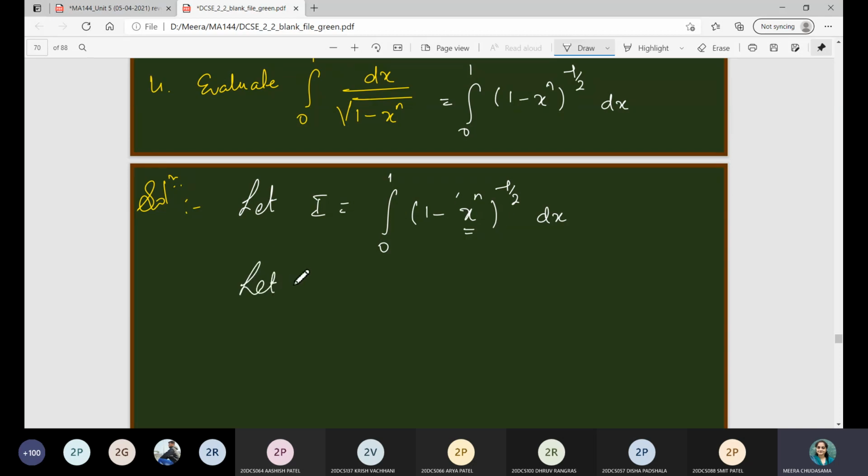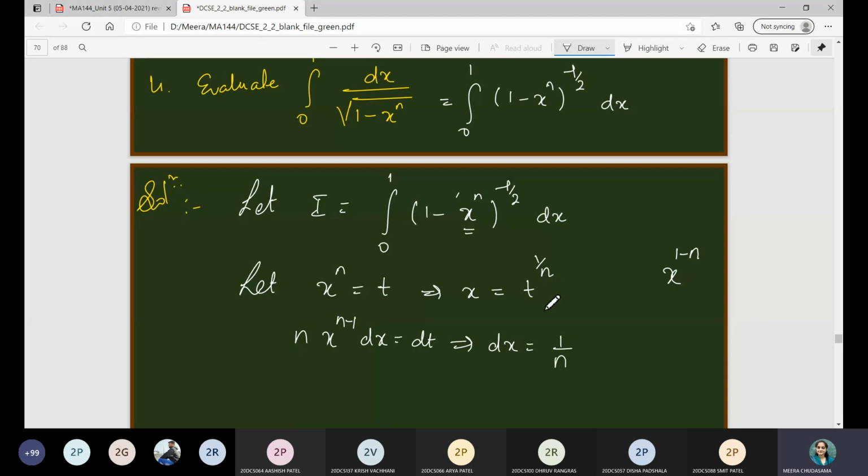So let x raised to n be equal to t, which implies x is the same as t raised to 1 upon n, and from here you can see n times x raised to n minus 1 dx will be dt, right? So in that case what will be dx? You can evaluate from here also, right? So dx is equal to 1 upon n, actually it will contain x raised to 1 minus n.